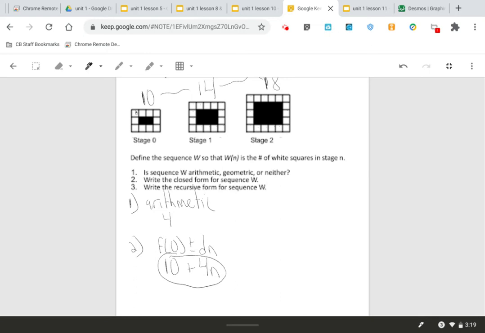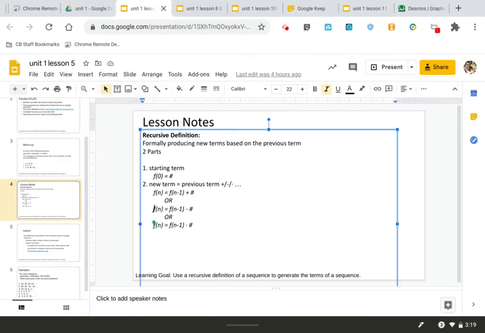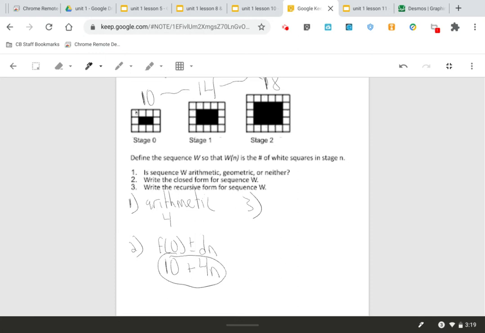Okay. And then for number 3, we're going to do the same thing except write the recursive form. So recursive, that goes back to the beginning of last week. That is this thing right here. So we already know our f of 0. We know that our f of 0 is equal to 10, since that is our starting term.